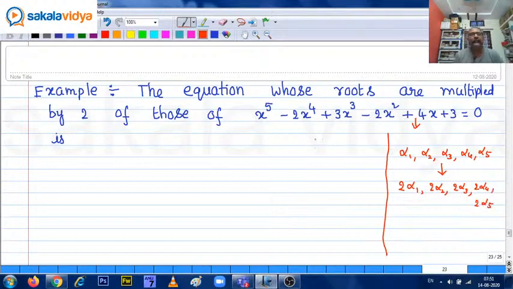That means simply in the place of x substitute x by 2. That's all. Very good. Now the solution.